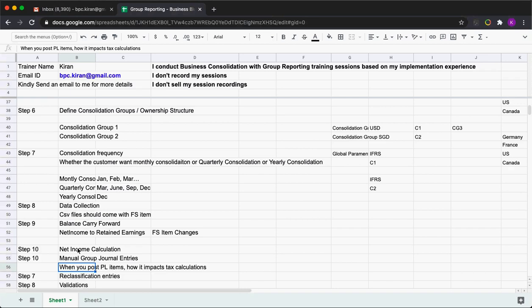If I post a balance sheet entry where both the debit and credit legs are in the balance sheet, there is no impact on my net income, so I can post that entry. But when I post an entry with one leg in P&L and the other leg in the balance sheet, then what do I have to do?